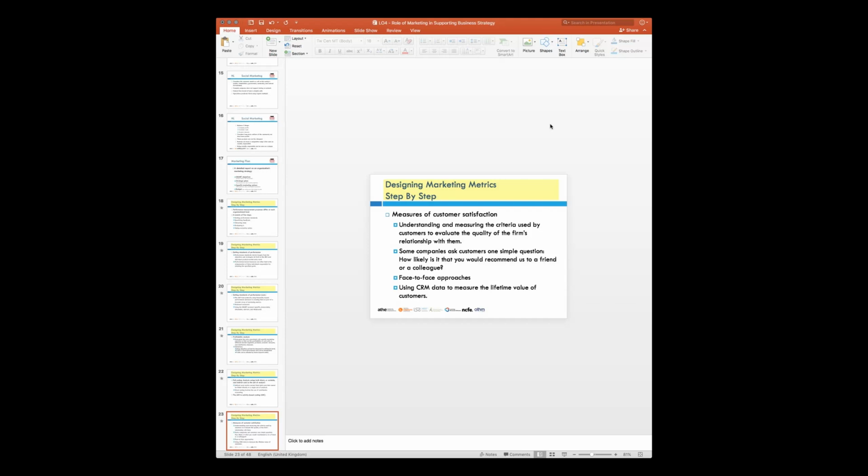In those cases, the marketing metrics are defined primarily on the criteria of measuring the customer satisfaction index and how the firm is able to establish a long-lasting relationship with customers. You can see that in the case of banking, for example.